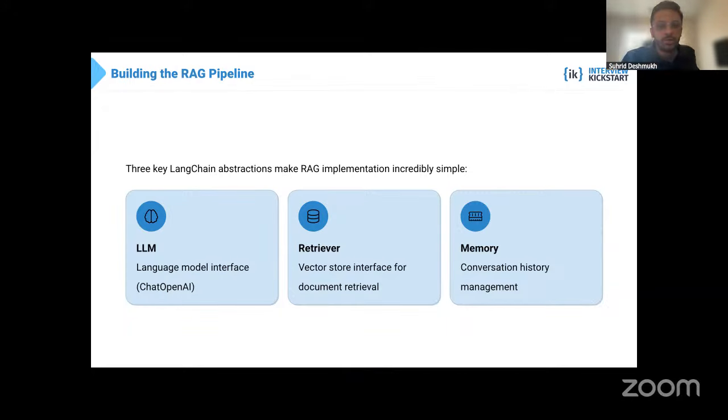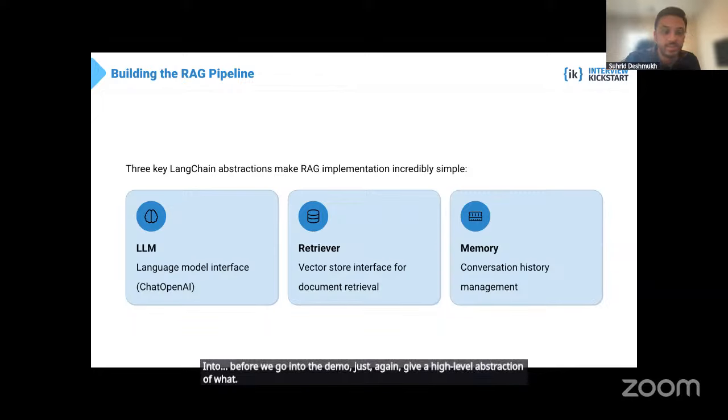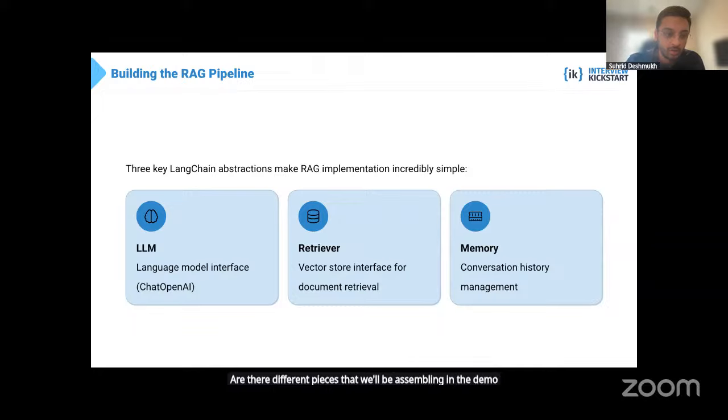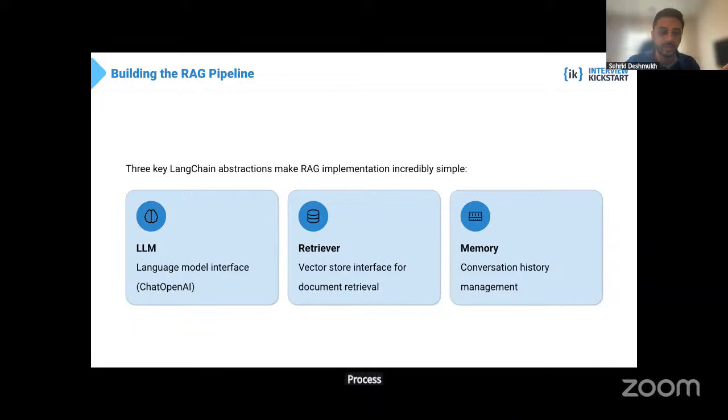Next, before we go into the demo, I want to give a high level abstraction of the different pieces that we'll be assembling in the demo. There are three main LangChain abstractions associated with RAG that make all of this end-to-end processing of a RAG pipeline fairly simple.